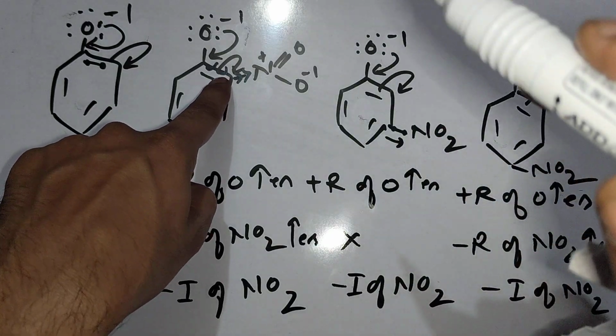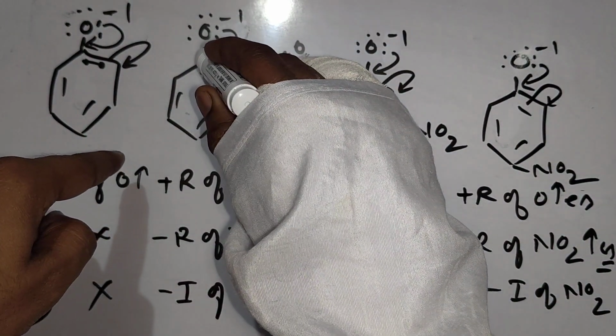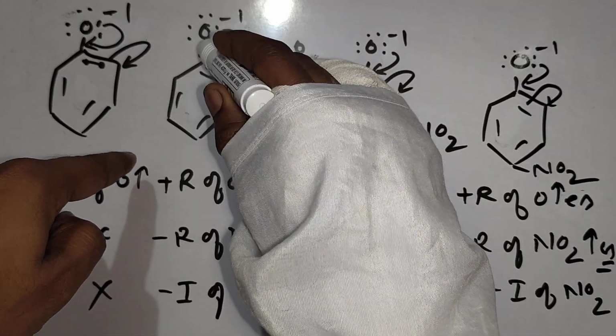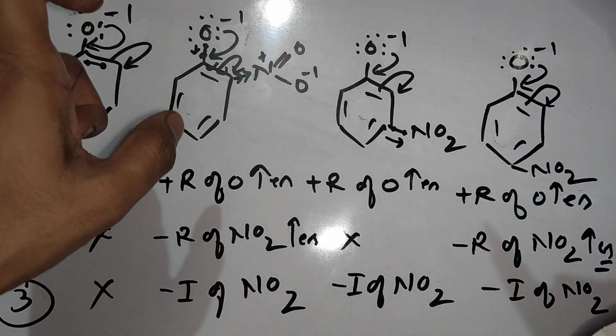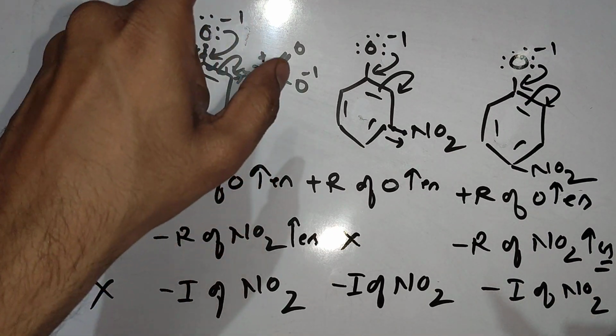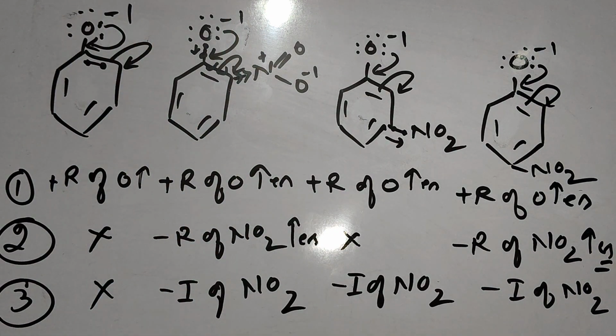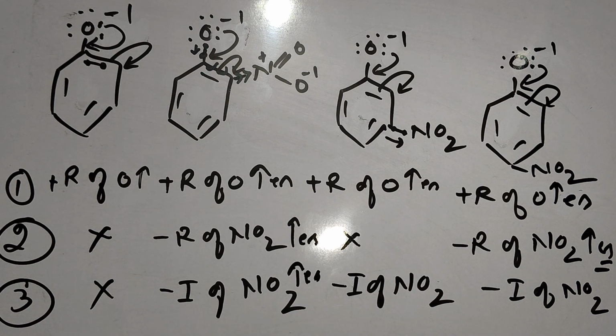In turn, it will start attracting electrons from this carbon. In turn, this carbon will start attracting electrons from the oxygen side like this. A little bit, not too much, a little bit. Due to this attraction, the negative charge of oxygen will decrease. Yes. So the minus I effect of the nitro group is also trying to increase the stability of the anion.